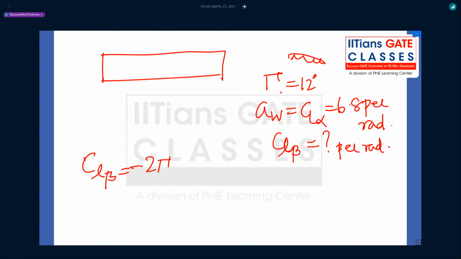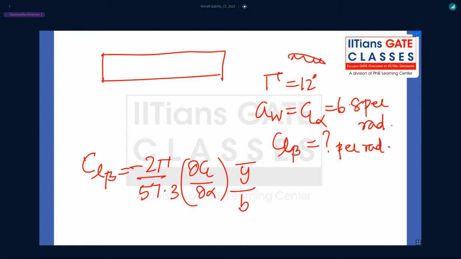Since gamma is in degree, it is divided by 57.3 to convert into radian, into dou CL by dou alpha, into y bar by b, into S gamma by S, where S gamma is the dihedral wing area. Since S gamma is half the wing area, we can take S gamma by S as 1 by 2.